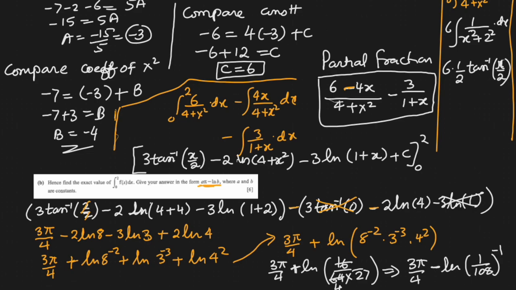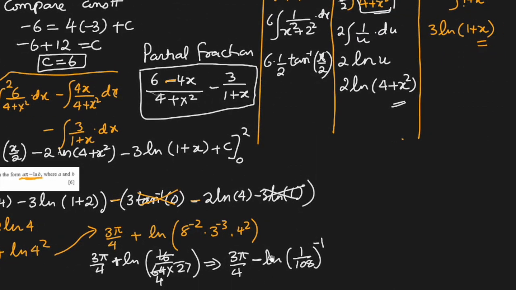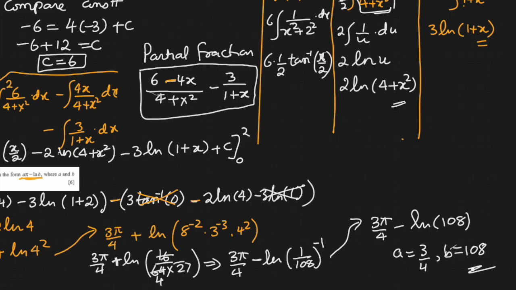That means this particular fraction will reciprocate because of minus 1. So our final answer should be 3 pi by 4 minus natural log 108. So they wanted us to find A and B. A is 3 by 4 and B is 108. Done.